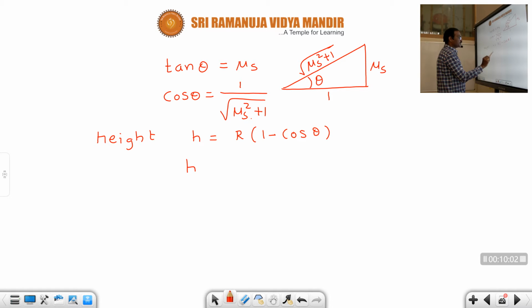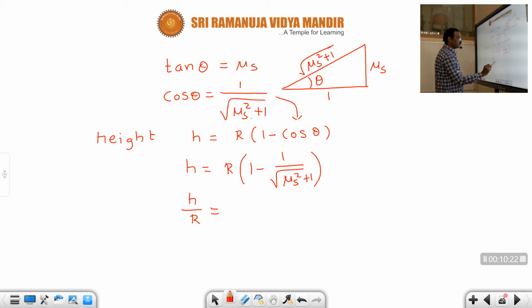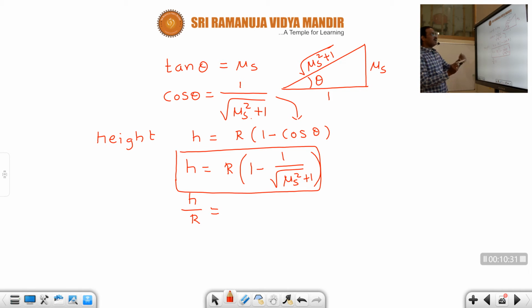Therefore, h is equal to R of 1 minus 1 by root under mu s square plus 1, and h by R is equal to 1 minus 1 by root under mu s square plus 1.